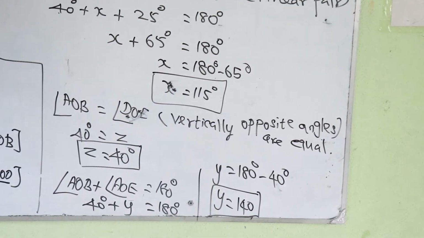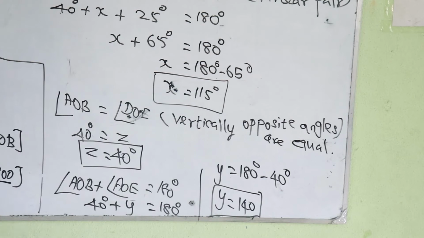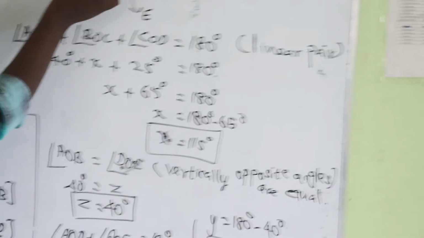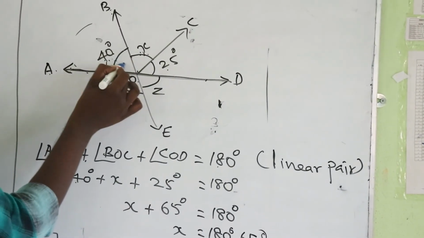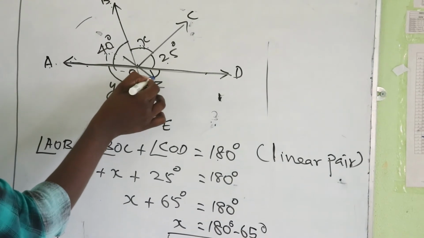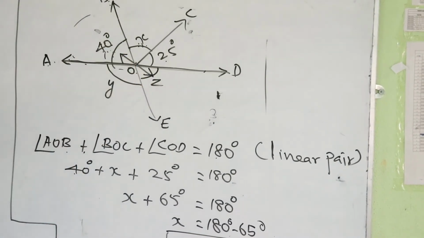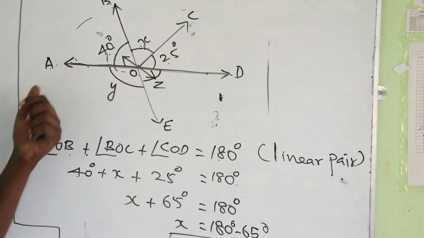Next, to find Y and Z. Next we take AOB. These two angles are vertically opposite angles, and vertically opposite angles are equal.